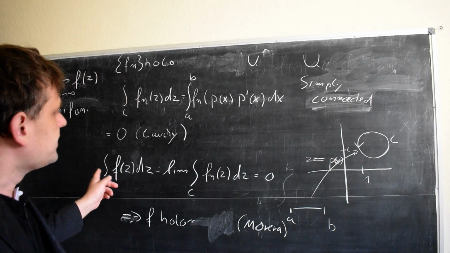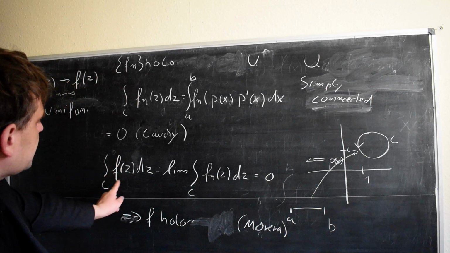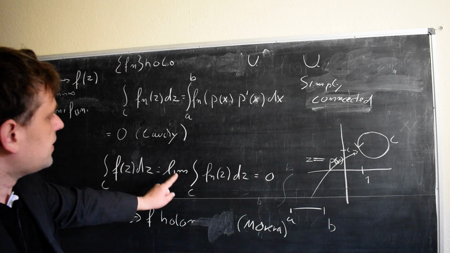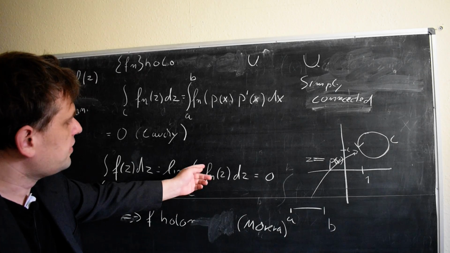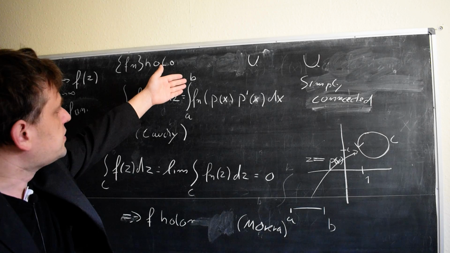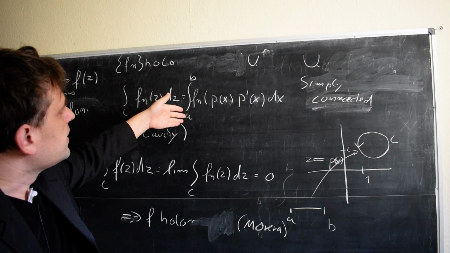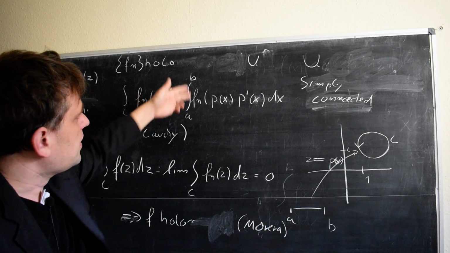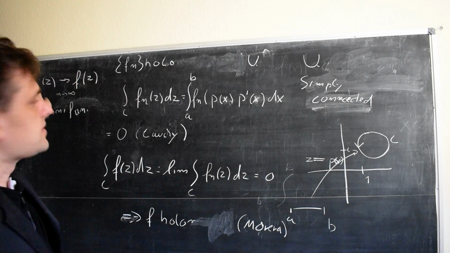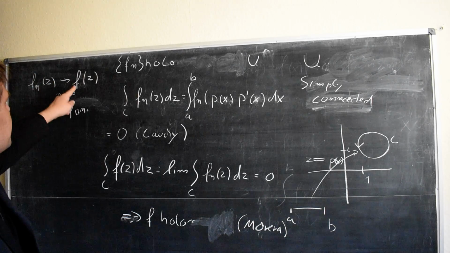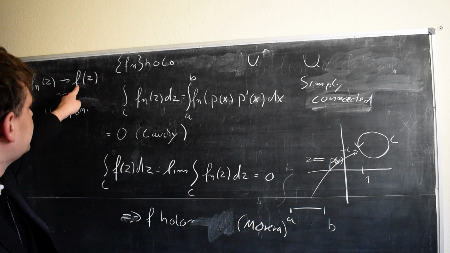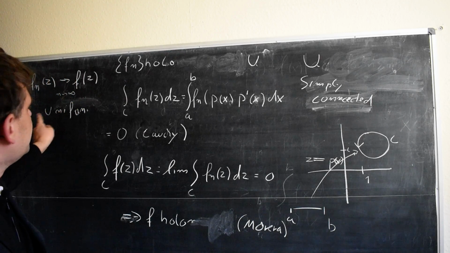And now we can express the integral of the limit function f as the limit of integrals of functions fn. This is because we are integrating over a bounded interval, a closed interval, a to b, and because we are assuming that the sequence of functions fn is tending towards f uniformly.